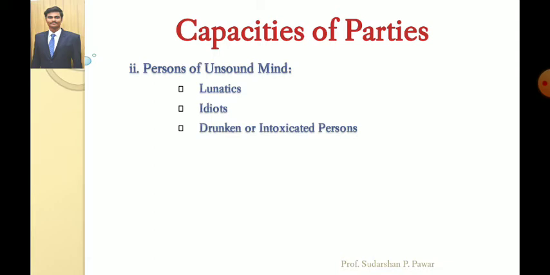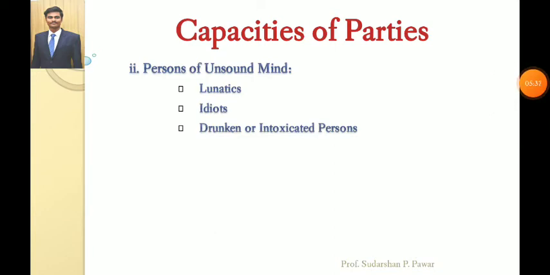The last is a drunken or intoxicated person. Their position is similar to that of lunatics; they can enter into a contract when they are of sound mind. These persons, like minors, are liable for necessities supplied to them or to their dependents.